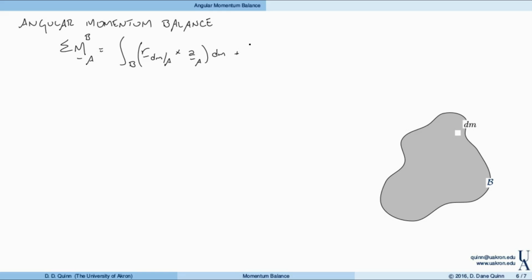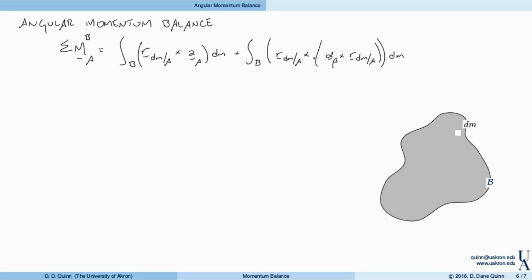And then we have the integral over the body of r dm with respect to A cross alpha cross r. So this is what angular momentum balance reduces to.